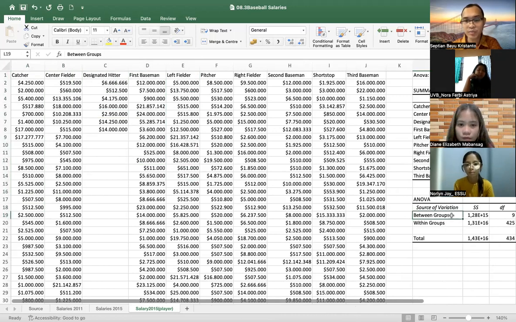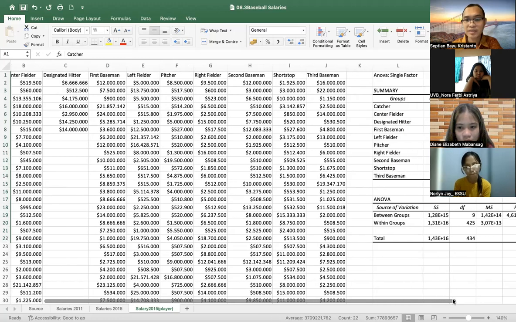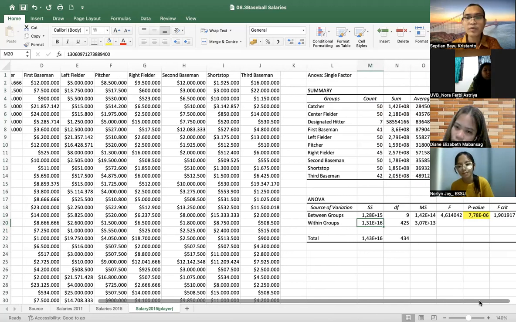That is the between groups. While the within groups is the variance in every group. So in the group of catcher, we found 50 observations. In the 50 observations, they have several differences within the group. So there is the information about the between and within.